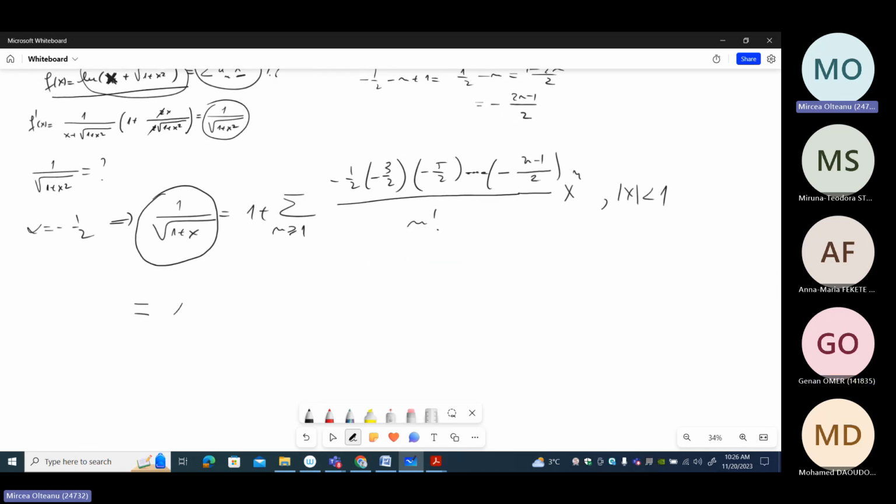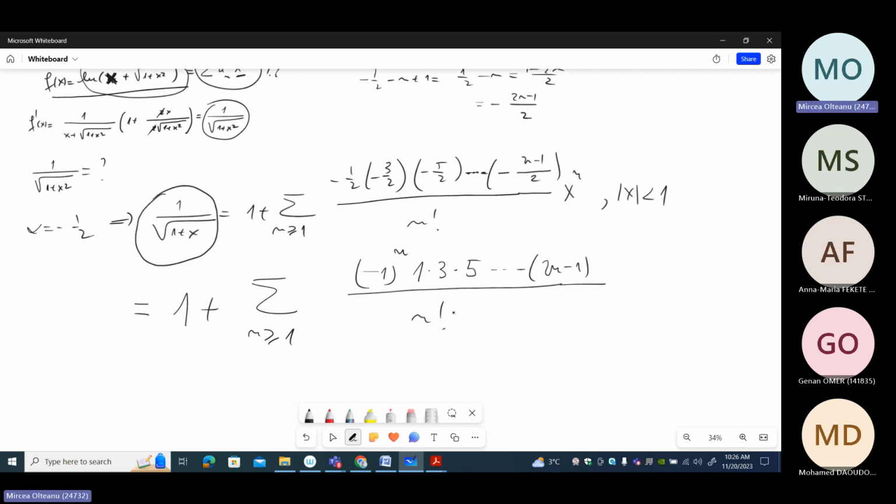Okay, so it's 1 plus the sum for n greater or equal than 1 of what? Let's see here what happens. Here we have n parentheses, every one is negative, so we shall get minus 1 at n, first of all. Above we have the product of the odd natural numbers from 1 to 2n minus 1.